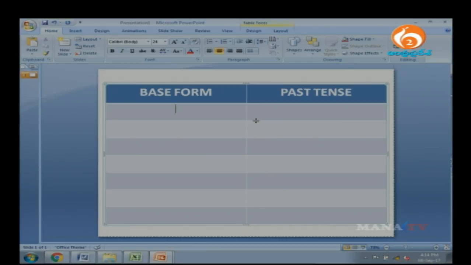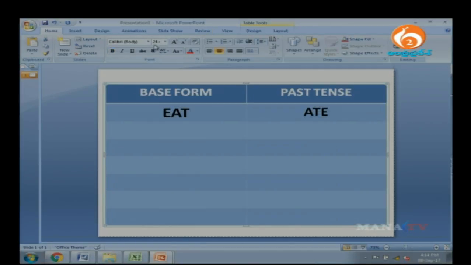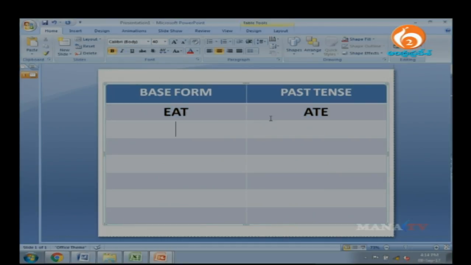Say for example, I have the word which is eat. Okay. Now the past tense becomes ate. If I have the word which is sleep, the past tense is slept.